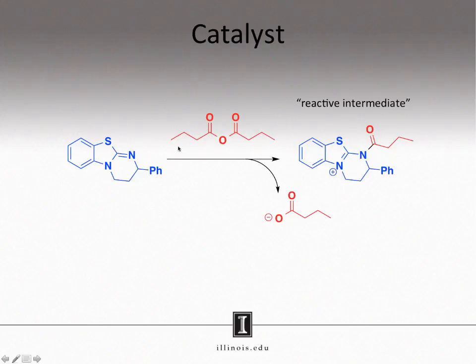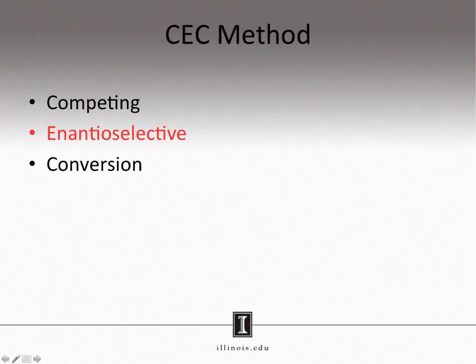The anhydride on its own is not reactive enough to react with the alcohol. What we have done is taken two low-energy reagents and combined them to make one high-energy reactive intermediate, which will react very quickly with alcohols.